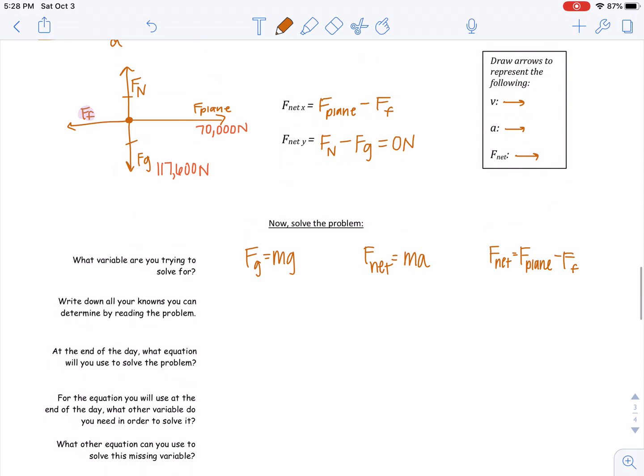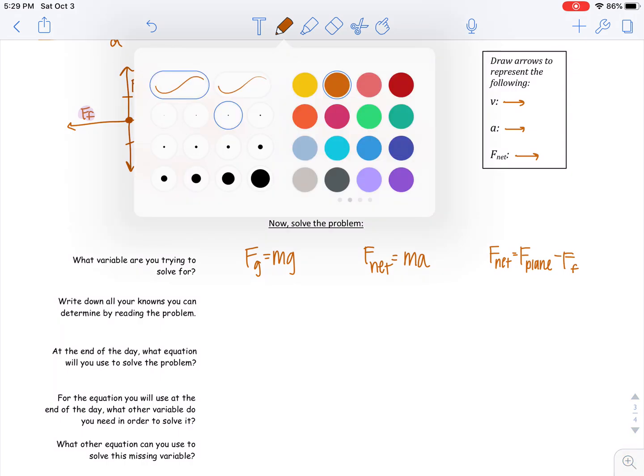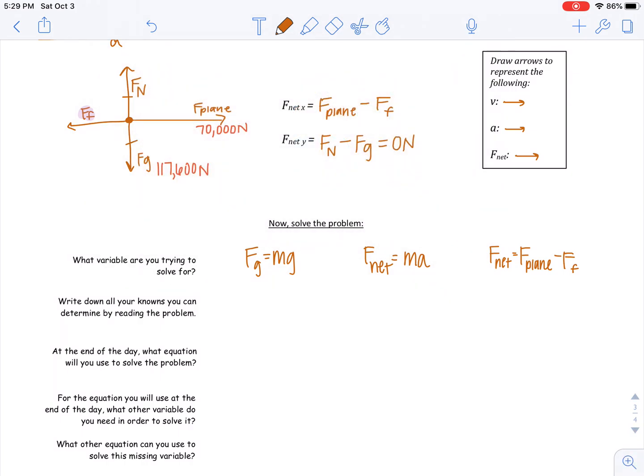So these are the 3 equations that you could use every single time. If these are your 3 options, and you're going to have to use probably 2, maybe 3 of them to solve the problem, why not just start by writing all of them down? Students that I have seen who have done this have been very successful with these multi-step problems. And I think it's because you just have all these options now right in front of you. So this is another way of thinking about it instead of answering all these questions.